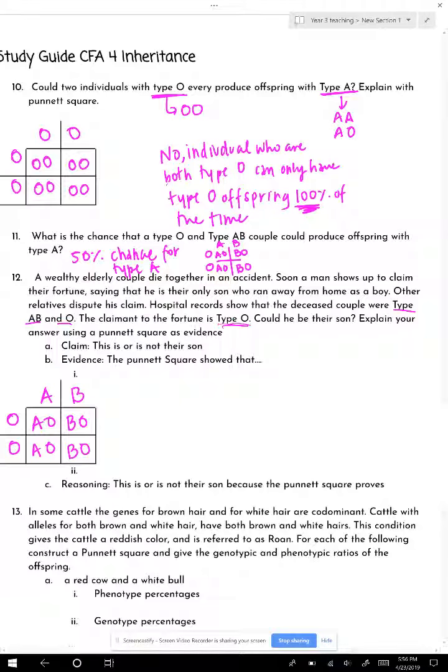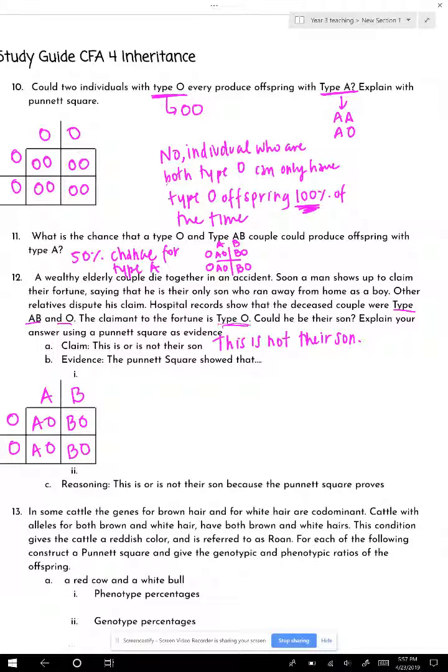So I'm looking on here, and I don't see any OOs happening. So I'm going to say that this is not their son. That's just my claim, and my claim is just my really, really short answer, okay? So now I'm going to go ahead and cite my evidence, right?